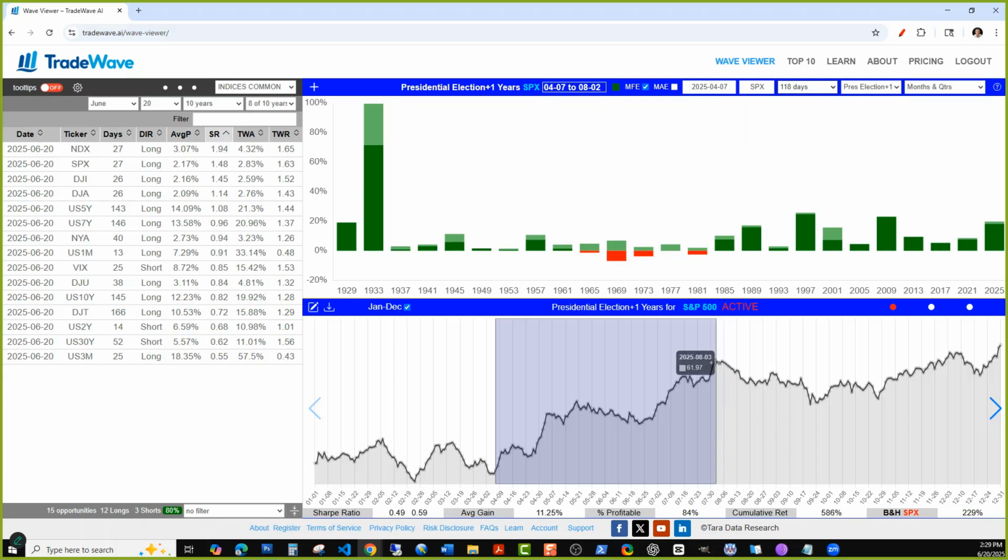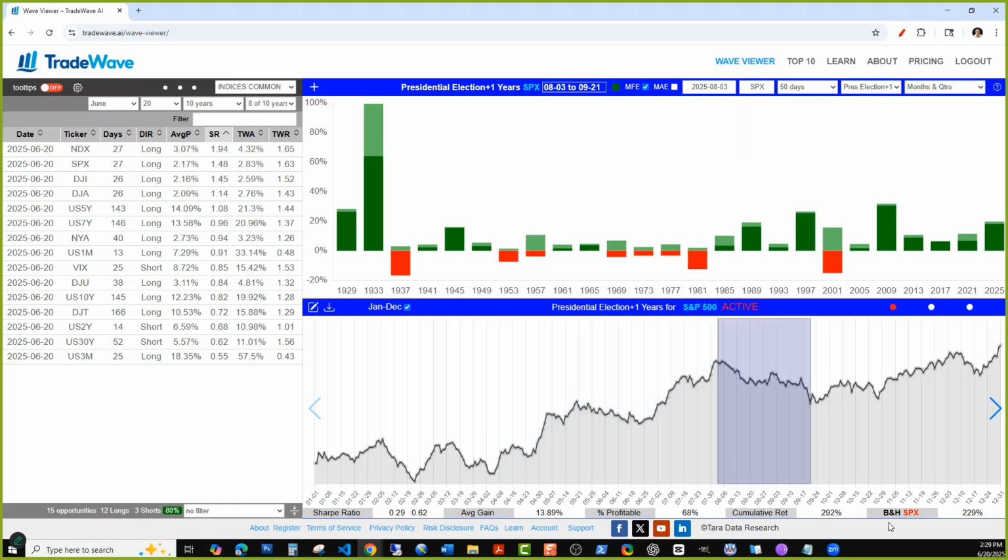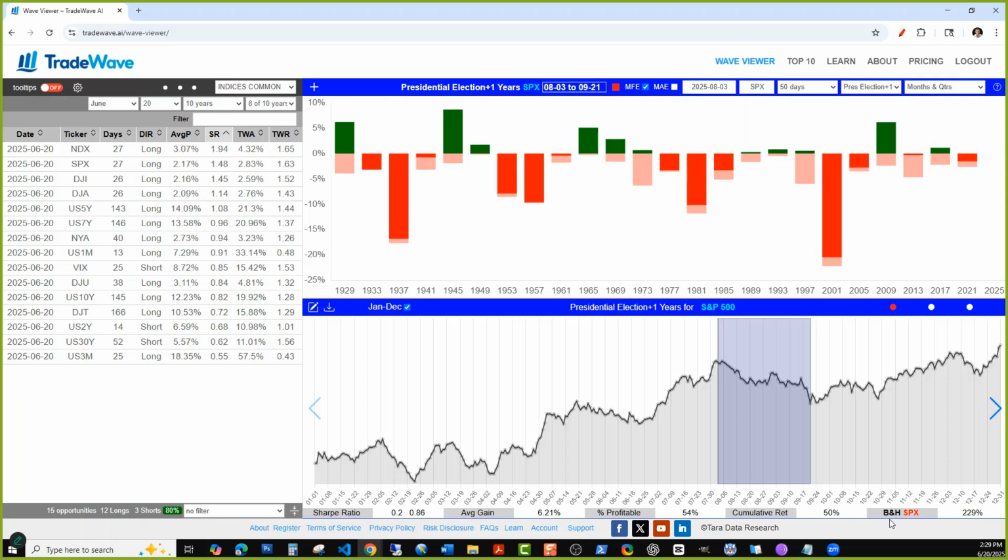But look at what happens right after here. There's some down coming. Right there. Suddenly now we see a lot weaker time.